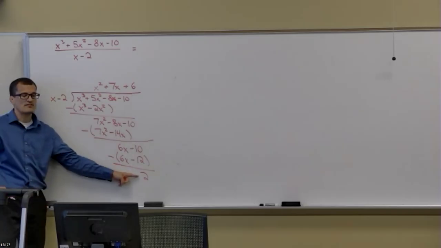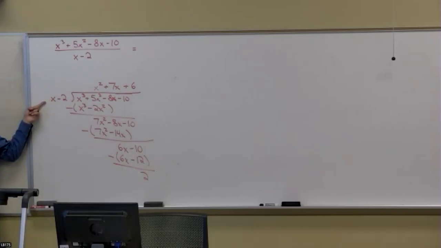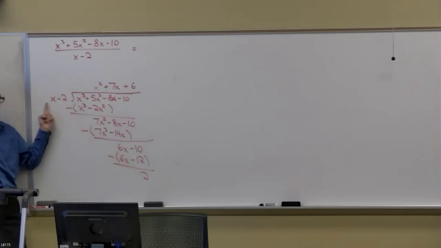This is a constant that's of degree 0. X minus 2 is of degree 1. So now I have degree of my remainder less than degree of my divisor. So I stop.